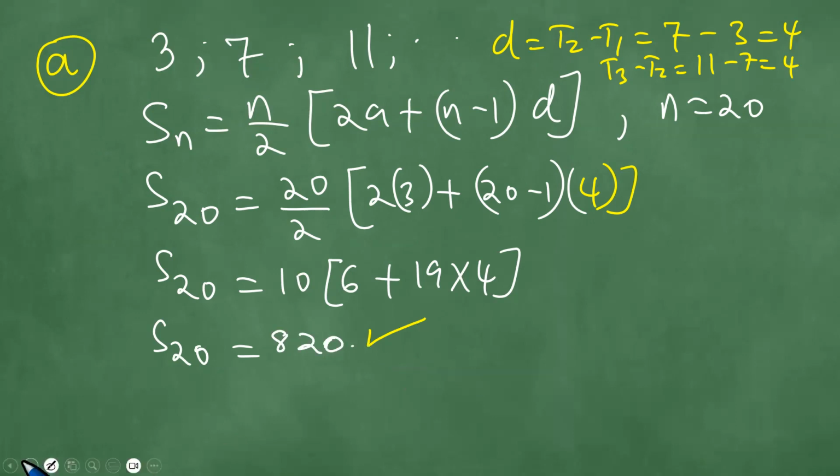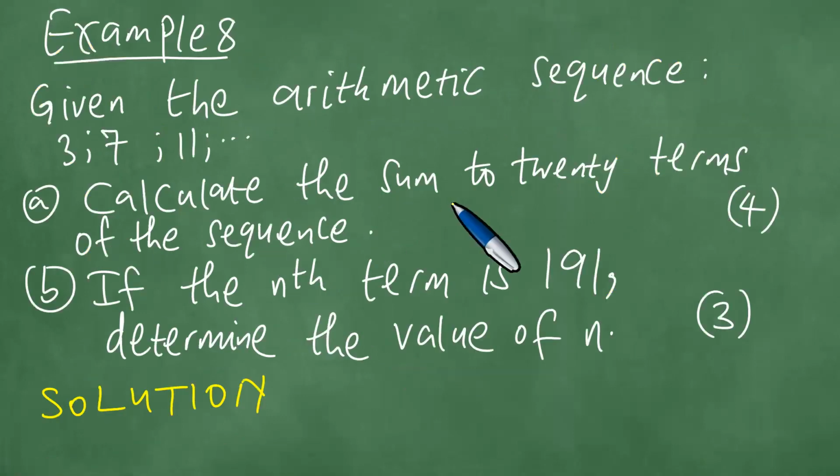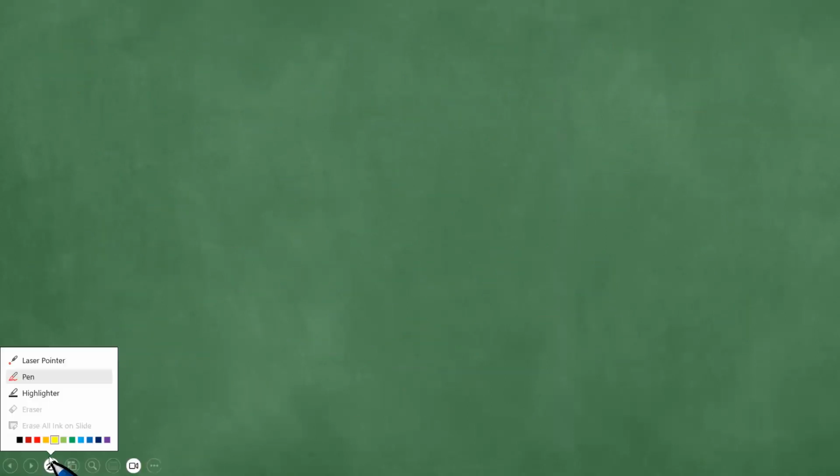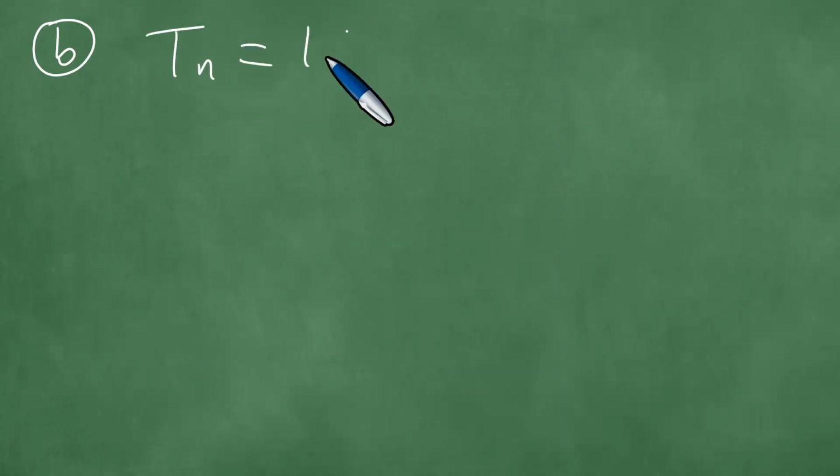Right. So the question was to calculate the sum to 20 terms of the sequence. And then in B, we're saying if the nth term is 191, determine the value of n. So in part B, the nth term is 191.